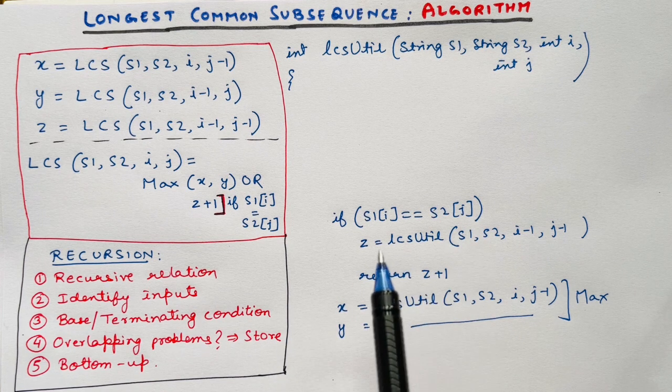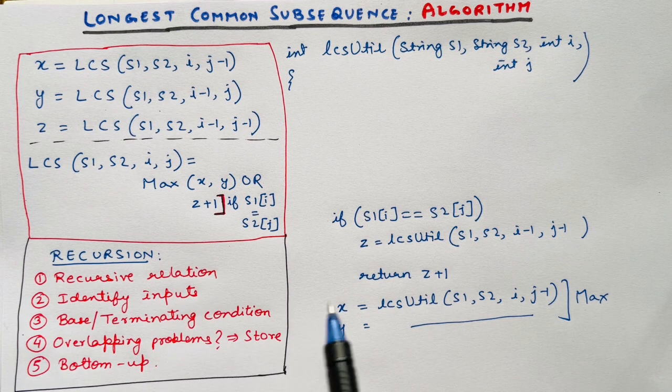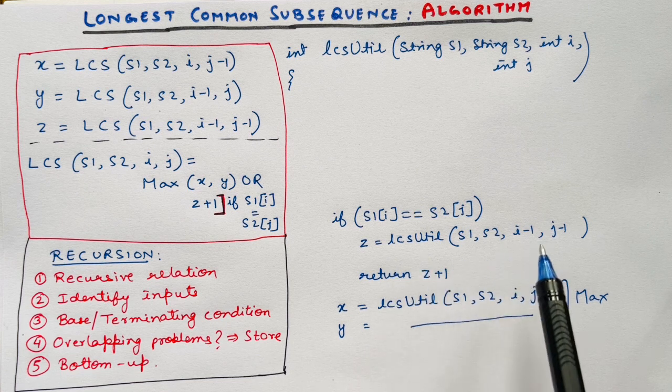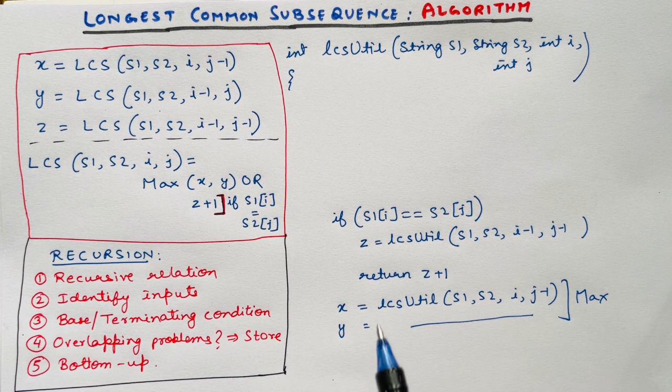If they are equal, then we return z plus 1, where we calculate z using this. If they are not equal, then we calculate x using the same method call but with different input, and similarly we calculate y using the same method call with different input, and we return the max of the two. Now this is the core of the recursive relation that we have written.